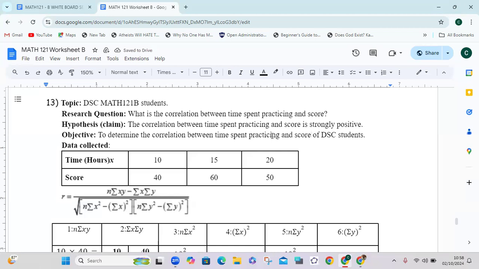And to do that, also to test the claim, also to answer the research question about that topic, data was collected and it was presented in the form of a table where you have time in the first row and score in the second row, as you can see.